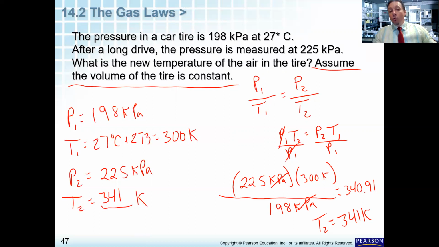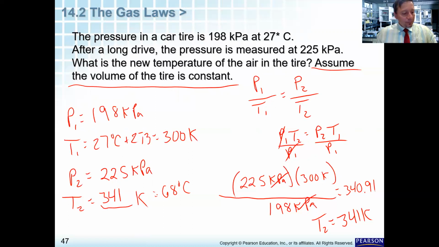So if I wanted to compare Celsius, I go 341 minus 273, and it went up to 68 degrees Celsius. So I went from 27 degrees Celsius before the trip and a pressure of 198 kilopascals. After the trip, my temperature went to 68 degrees Celsius and my pressure was 225 kilopascals.